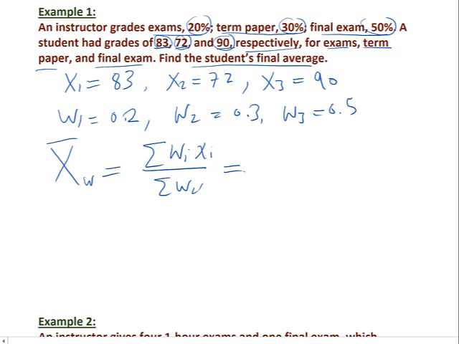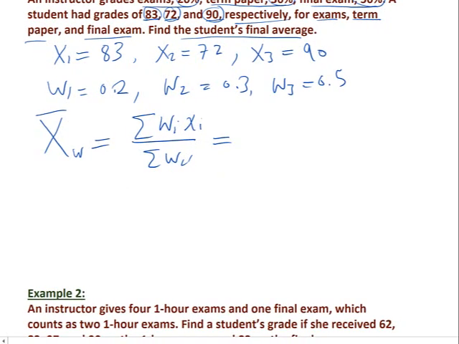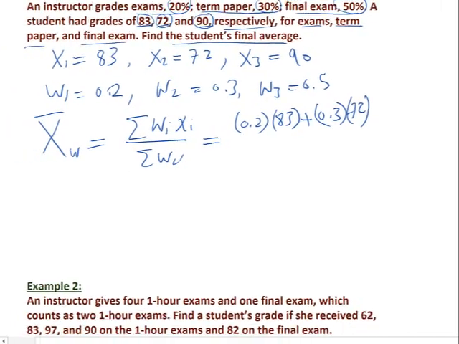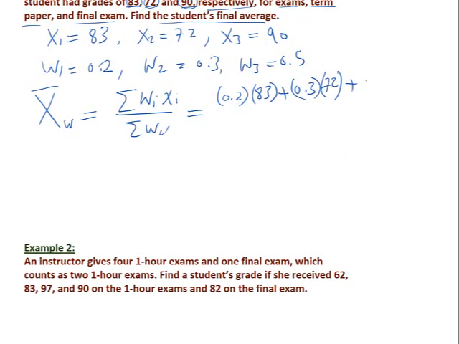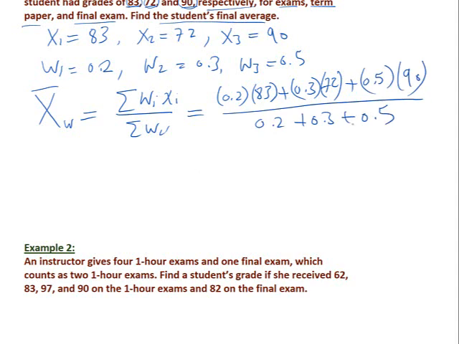So here we have 0.2 multiplied by 83 plus 0.3 multiplied by 72 plus 0.5 multiplied by 90, divided by 0.2 plus 0.3 plus 0.5, which is 1 or 100%, the total grade.